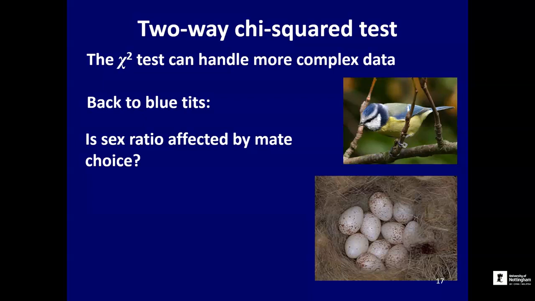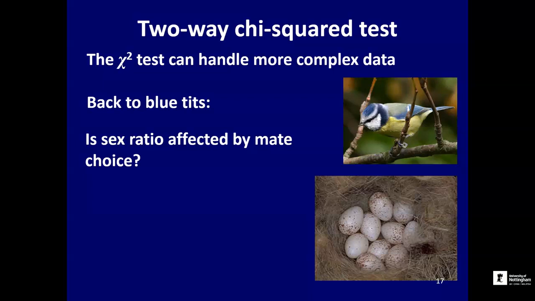Given that you've got a dodgy father whose genes code for rather rubbishy plumage, you're better off having female offspring where it doesn't matter. It sounds like quite a far-fetched hypothesis, but actually the more we know about the way that females can control their offspring phenotypes, it's not entirely implausible.